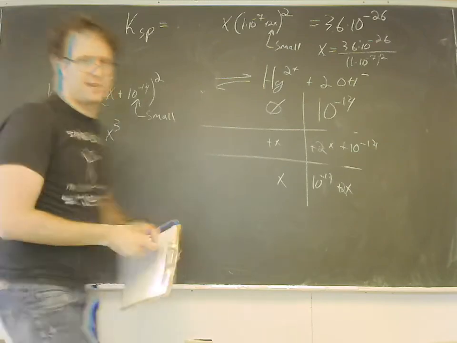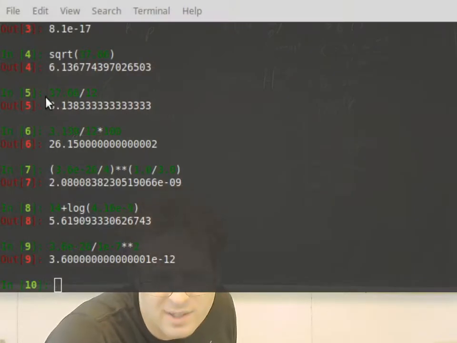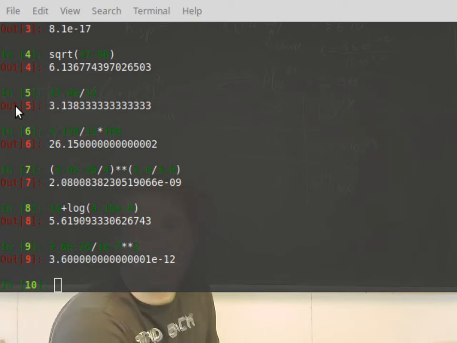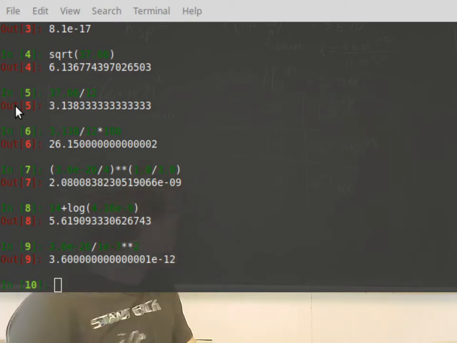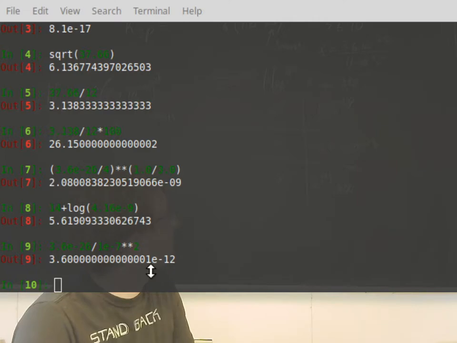And I've actually forgotten what that number came out to be. It was something like 10 to the negative 9th. I bet it's still on here, right. 2.08 times 10 to the negative 9th would be the molar solubility in acid. And so we see that in neutral water, that's down here, 3.6 times 10 to the negative 12th.